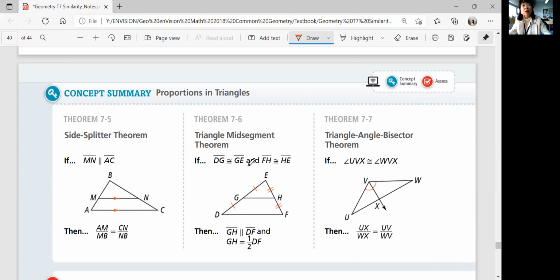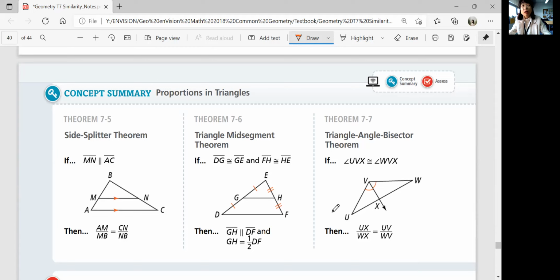And the triangle mid-segment theorem is when you have the mid-segment, so it divides 2 sides into equal parts. It bisects it. Then we know the mid-segment must be parallel, and it's going to be 1/2 of the base side that it's parallel to.